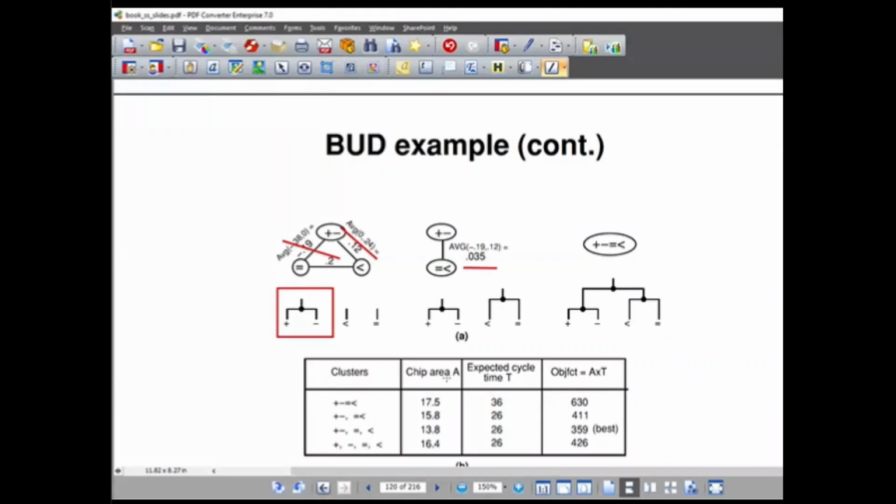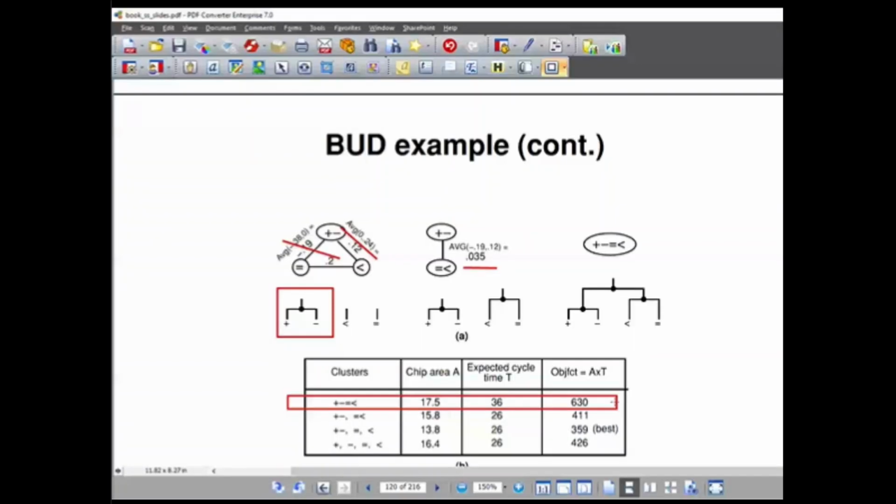So you may be given a set of clusters or different types of objects like this together, and the corresponding area, and the expected number of cycles may be given to you. Now we need to look at what the total objective cost or function cost would be if they are combined together.